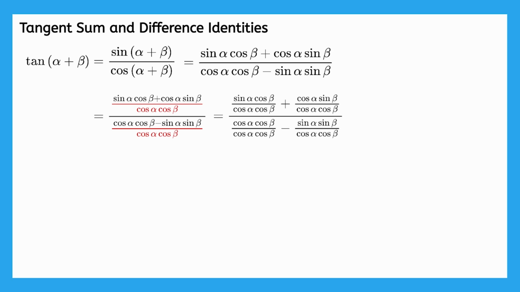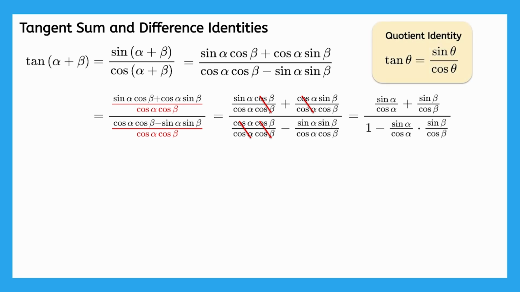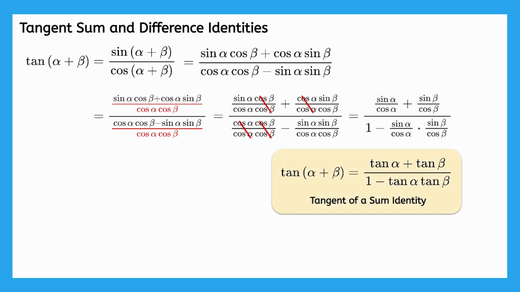This will allow us to do some nice cancellations and leave us with several fractions of the form sine over cosine, which, using the quotient identity, we can rewrite as tangents. Therefore, tangent of alpha plus beta equals tangent of alpha plus tangent of beta, all over 1 minus tangent of alpha times tangent of beta.